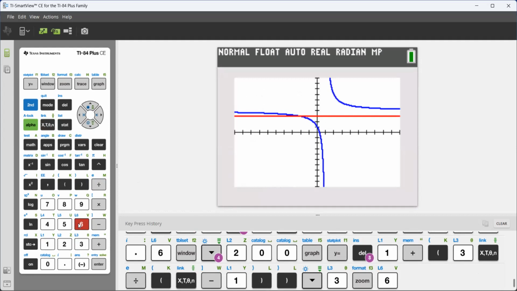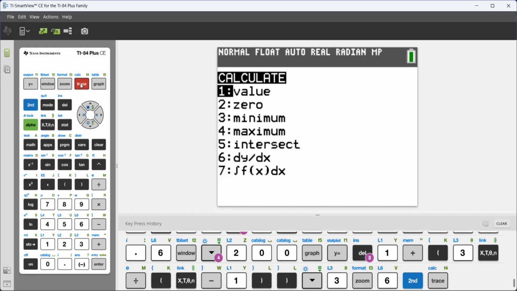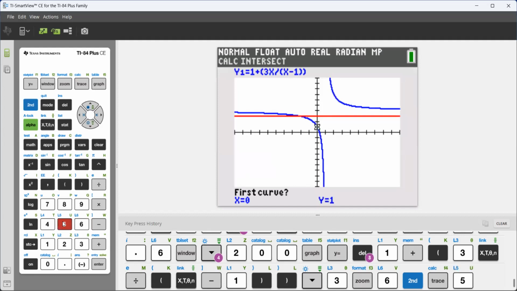So this is what I have. Now you would see that there's going to be one solution for this. So I'm going to do second trace, and then I'm going to choose 5, and then I'm going to hit enter 3 times.